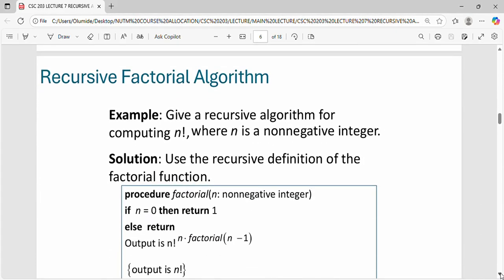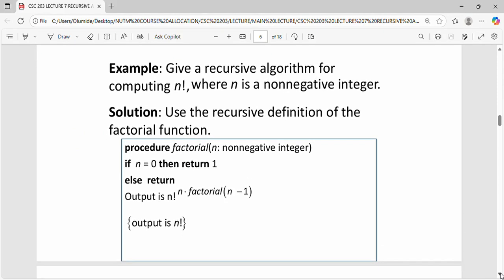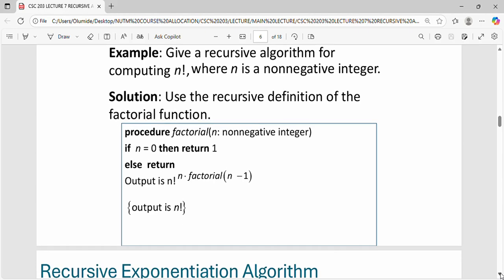Now let's look at the recursive factorial algorithm. Example: give a recursive algorithm for computing n factorial where n is a non-negative integer. Now let's look at the solution. Use the recursive definition of the factorial function. Now look at it. The procedure is factorial n. We define our n to be what? Non-negative integer. If n is 0, then return 1.